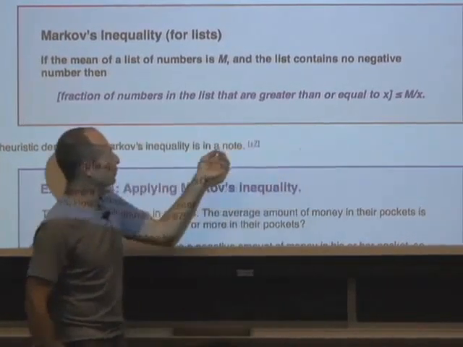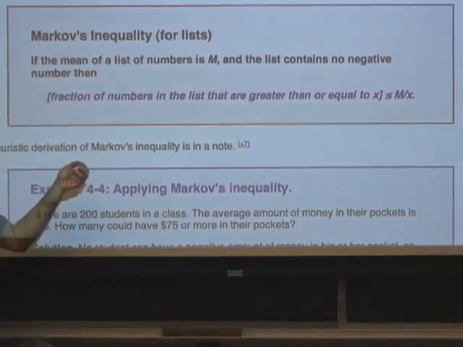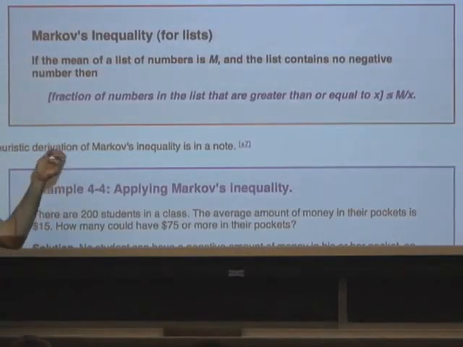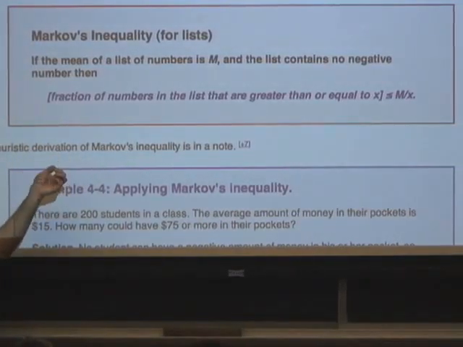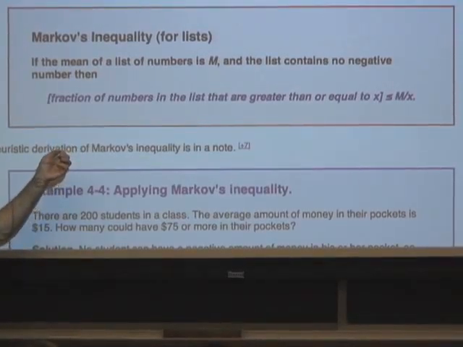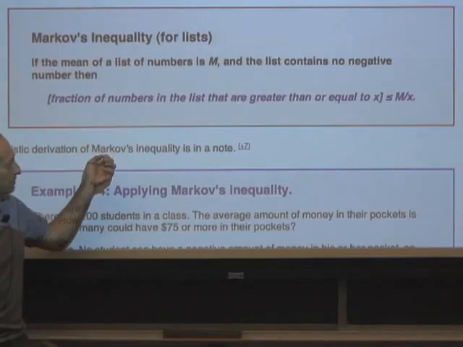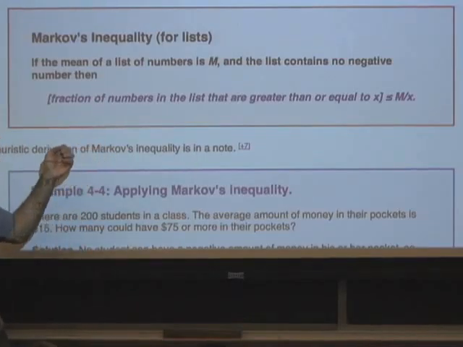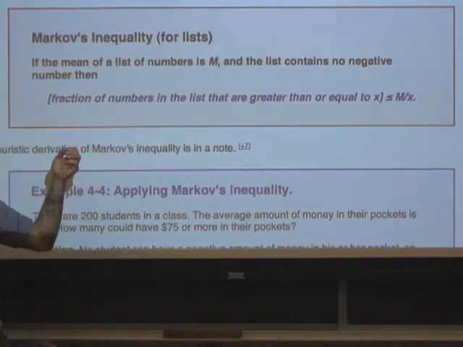And this is true for all numbers x. It's not very useful unless x is bigger than 1, because otherwise you're saying that the fraction is less than something that's bigger than 100%, right? It's sort of not helpful.